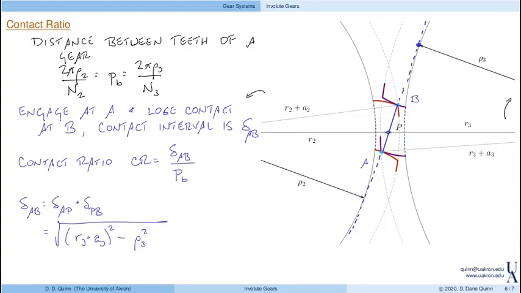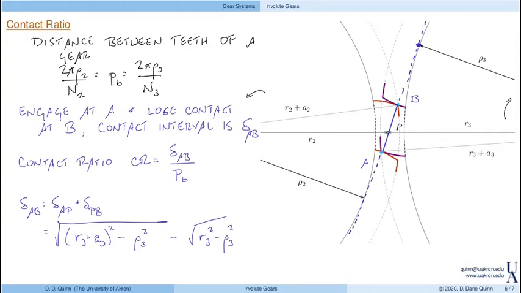And then we'll subtract from that the distance from this point to P, which is the square root of R3 squared, where R3 is the hypotenuse, minus rho 3 squared.